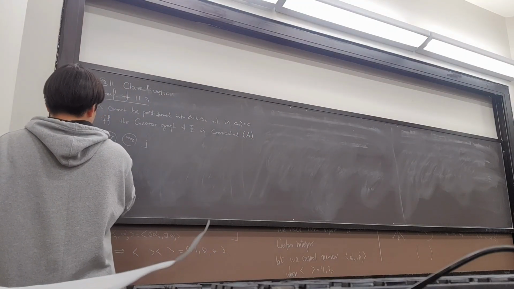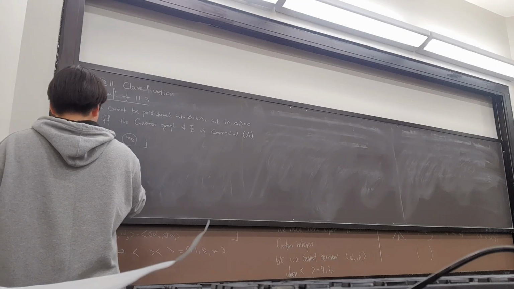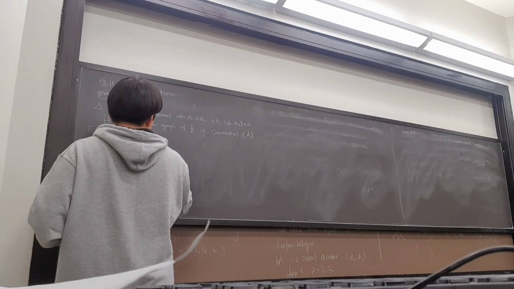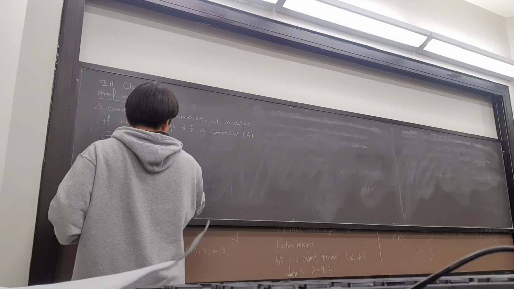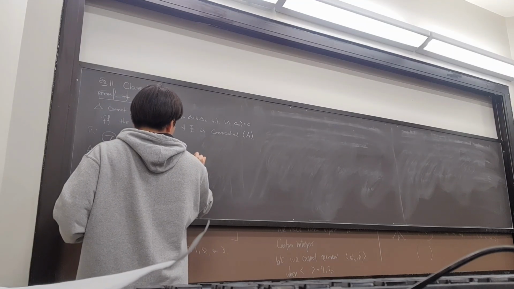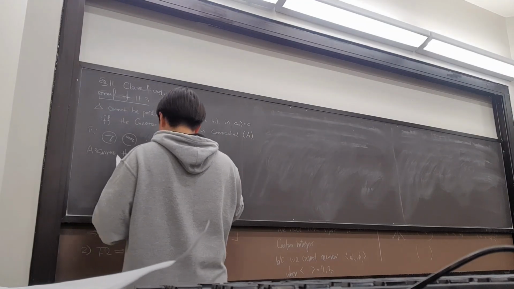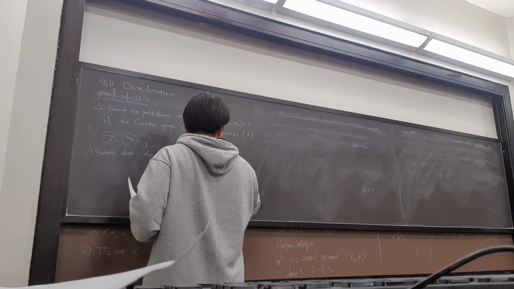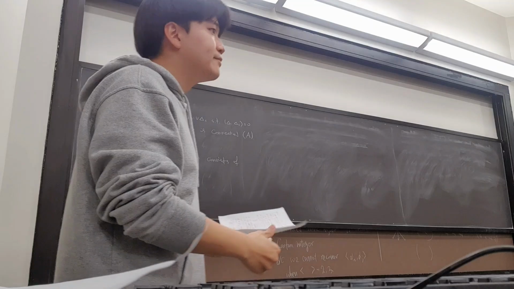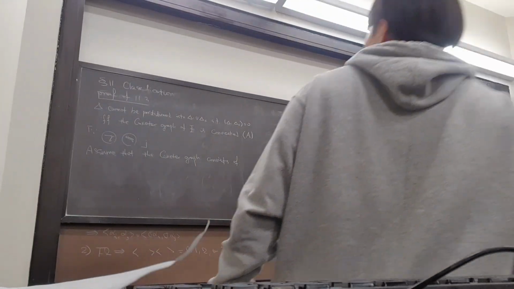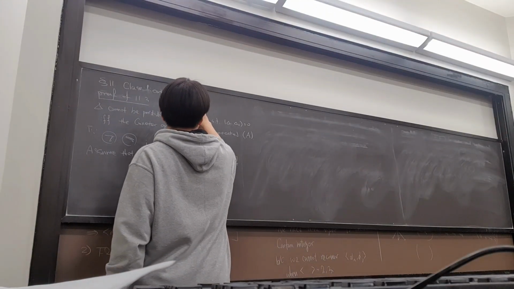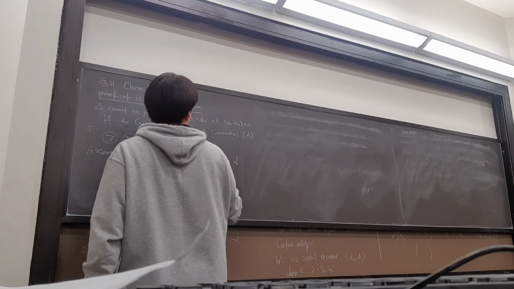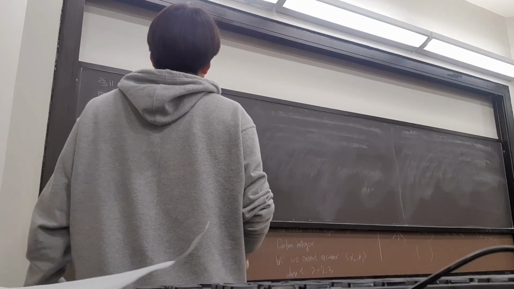Then assume that the Coxeter graph consists of... Do you mean it can be partitioned into proper, disjoint unions?